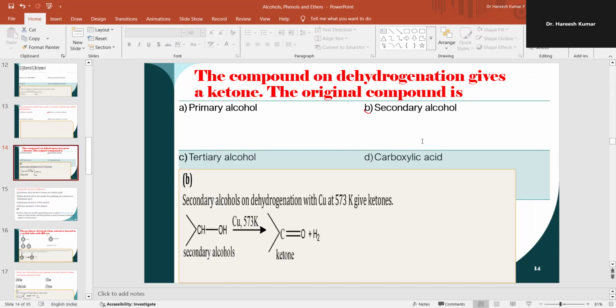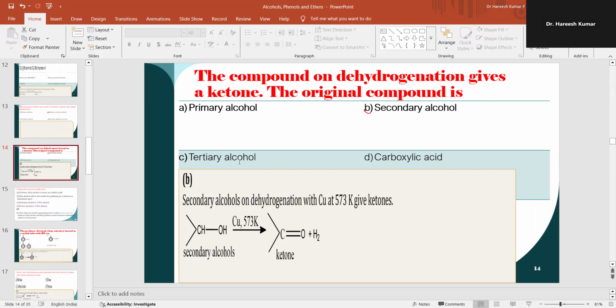The compound on dehydrogenation. So here you have to remember that dehydrogenation means removal of H2. On removal of H2, a ketone should be the product. So secondary alcohol on removal of H2 will give you the ketone, whereas the primary alcohol on removal of H2 gives aldehyde.